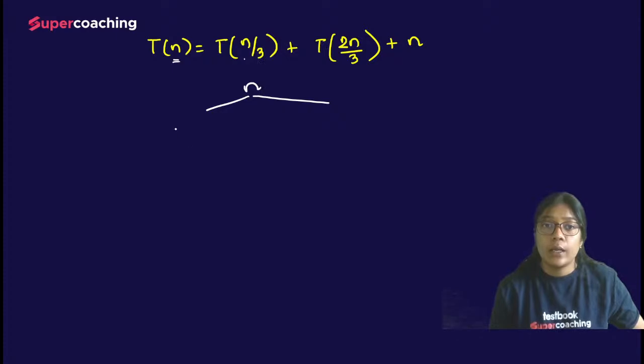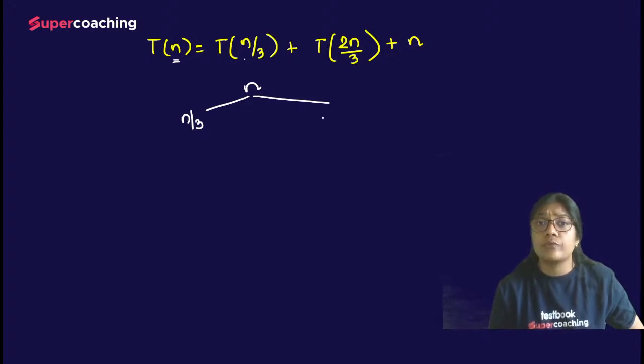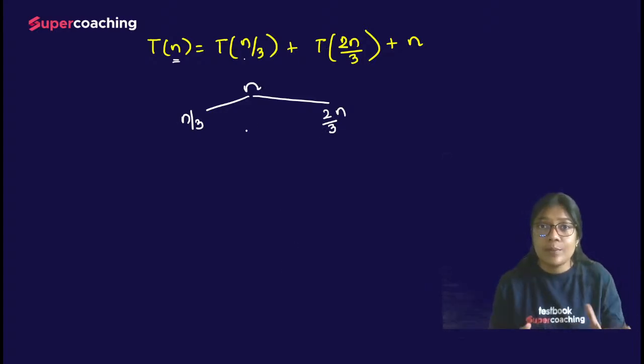The first part is containing 1/3 of the elements, n/3, and the second part is containing 2/3 of the elements, 2n/3. So it's not containing the same number of elements in the subproblems. So here we cannot use substitution method or Master's theorem.